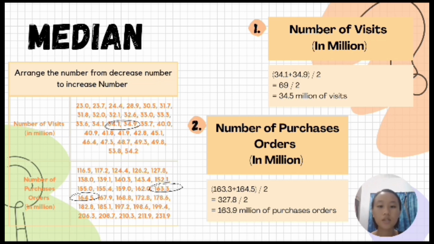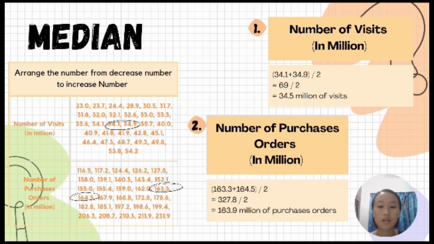Second is conversion, the number of purchase orders. The middle numbers in the data are 163.3 million and 164.5 million.